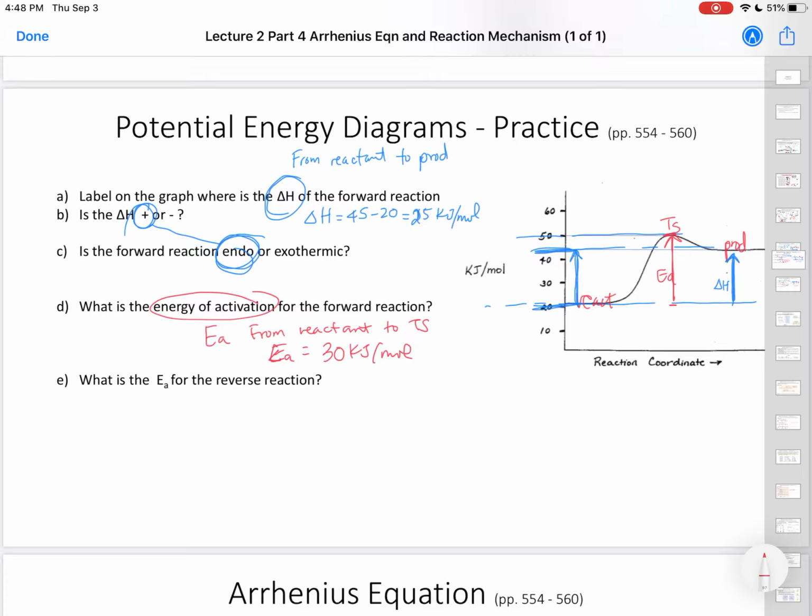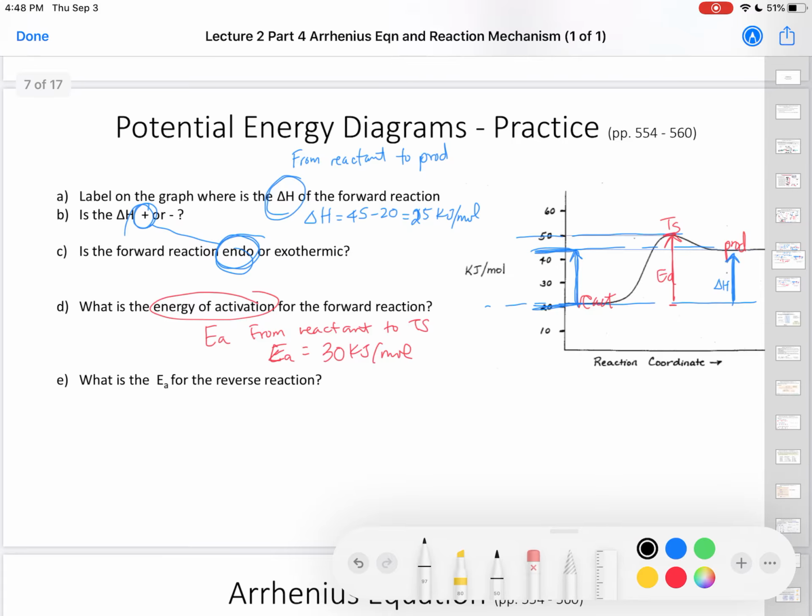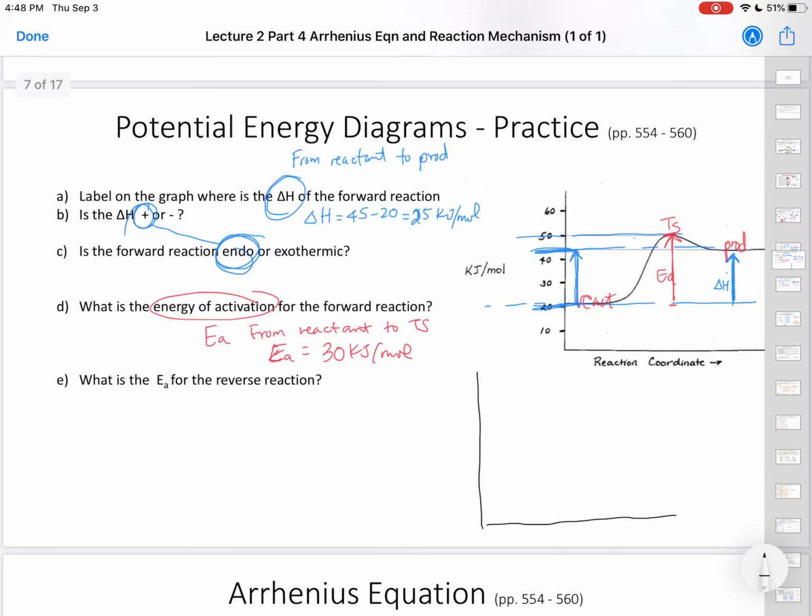And what is the E of A for the reverse? Now at this point, again, you should draw your reverse reaction. And your reverse reaction, you're going to start with, sorry, 45. Okay, because this is at 45. Okay, and then you're going to end at 20.